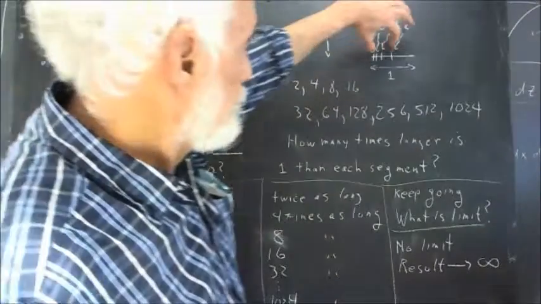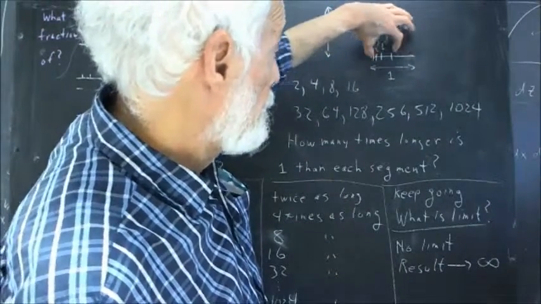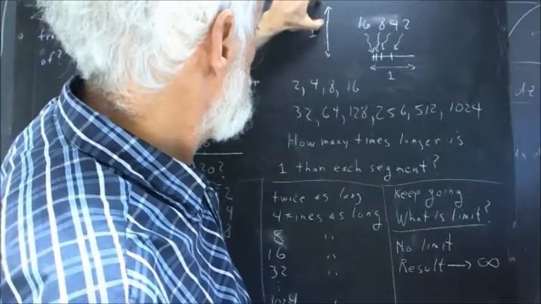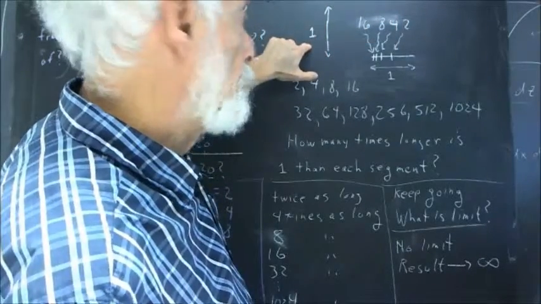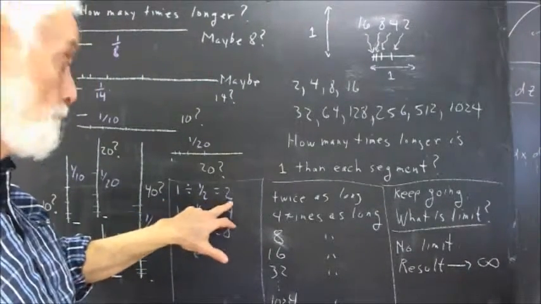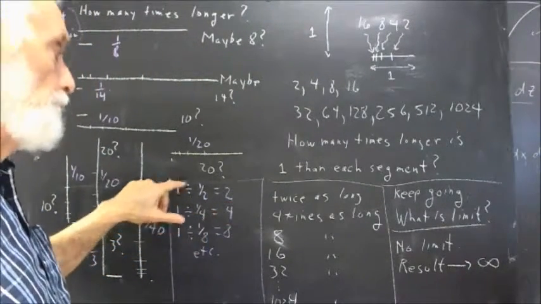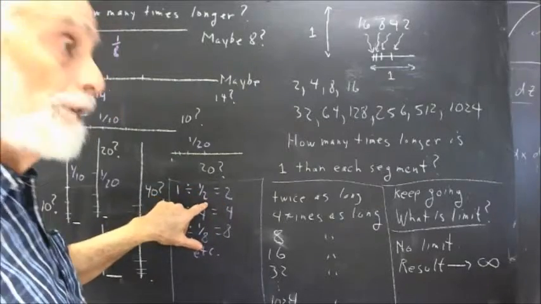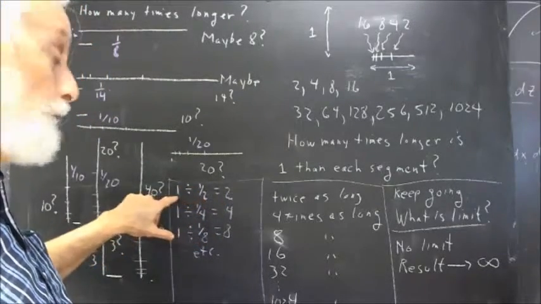Now we see that the length of this is half the length of this, so this represents a half, and when we say that 2 of these are required to make up 1, what we're saying is that 1 divided by 1/2 is 2. When you have a number divided by another, the answer is how many times the divisor will go into the dividend.